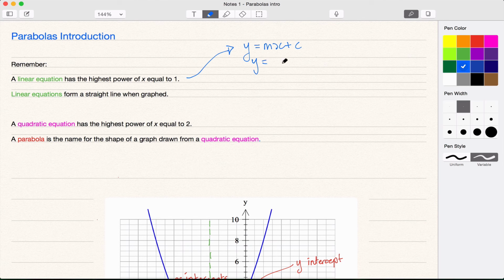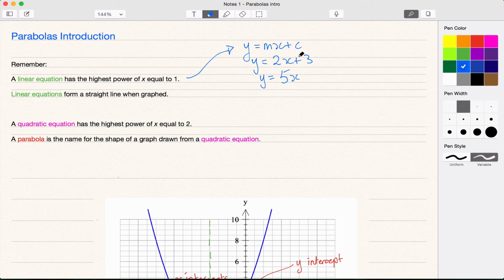Other linear equations with numbers in them could look like this: 2x plus 3, where the highest power of x is 1 as well. Or it could just look like this: y equals 5x. The highest power of x is 1 there as well.